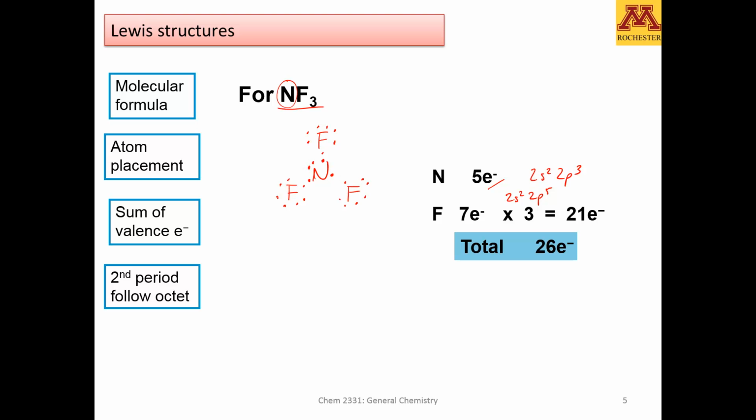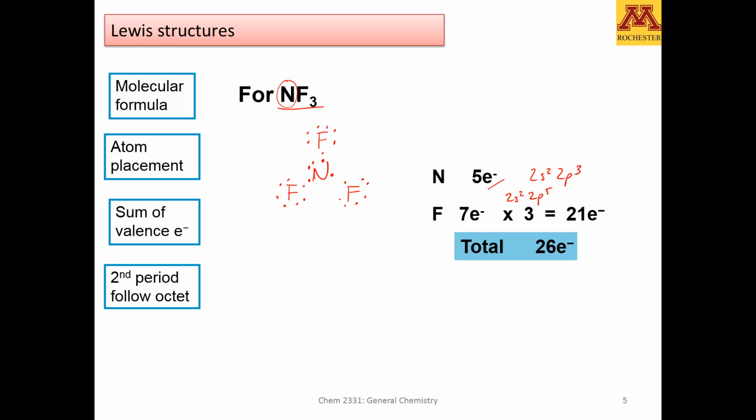That's a little bit of the distribution of electrons. I already placed them to see which ones are going to be lone pairs and which ones are going to be the electrons being shared in the bond.